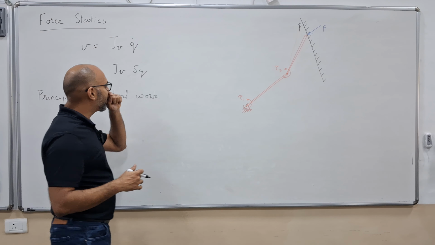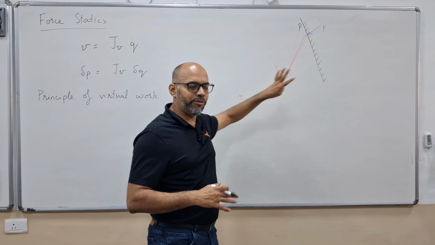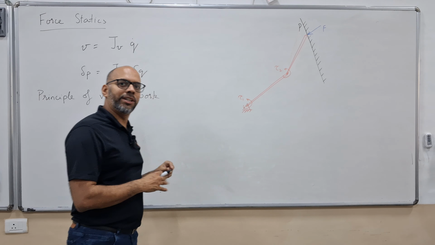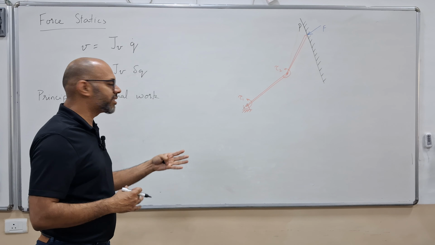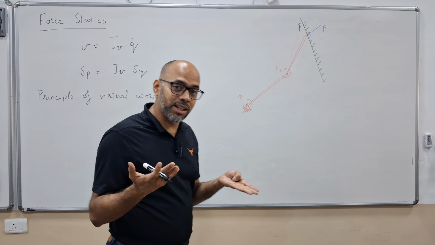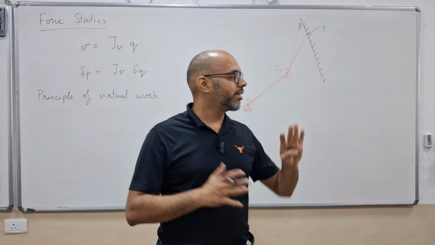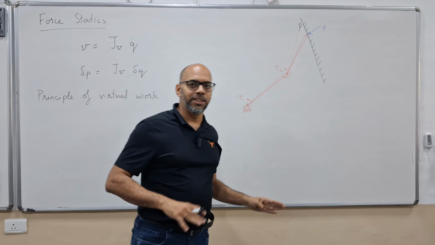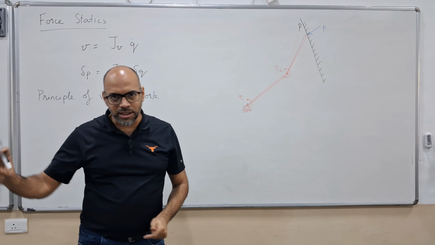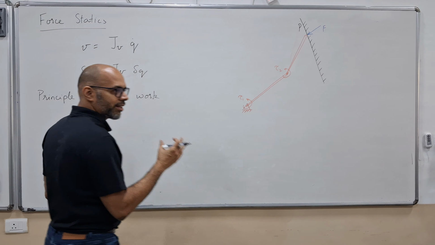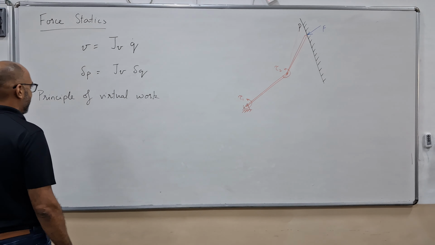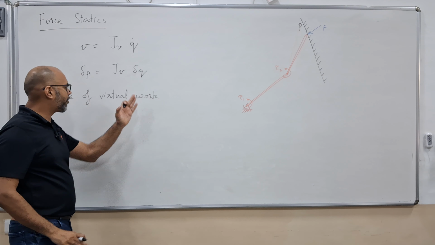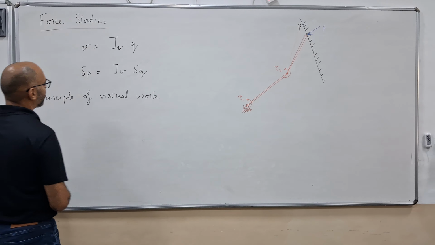But basically the idea is, even if something is not moving, first you imagine if it moved through some infinitesimal allowable displacements, then what would the virtual work done be? And then for a static equilibrium case, you equate that virtual work to be equal to 0 and then solve for the variables, and that helps you establish a relationship. Anyway, in our case, it's relatively straightforward. We don't need to get into the principle of virtual work.